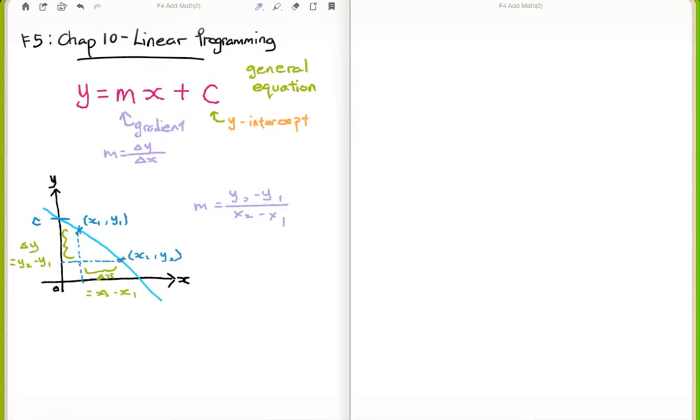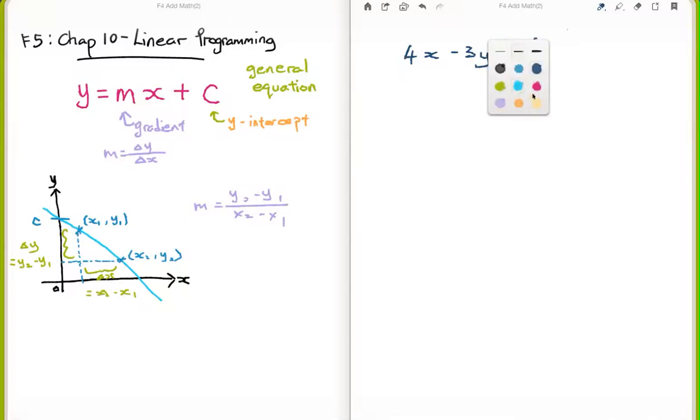Say you are given the equation 4x minus 3y is greater than or equal to 6. First rule, to start off, you need to arrange it into standard form or general equation.